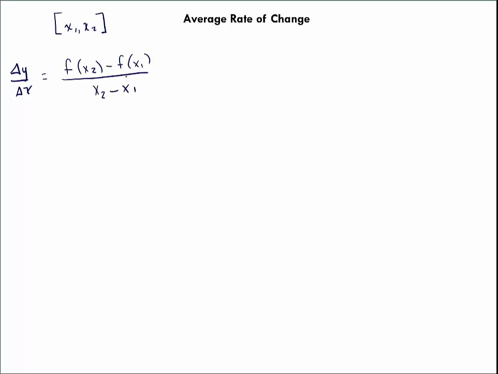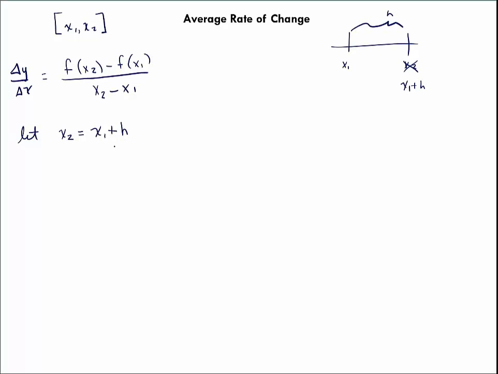And we said that we're going to let x2 equal x1 plus that distance. Okay, remember we started out with x1, x2, and then we said let h be that distance. So now x2 becomes x1 plus that distance.